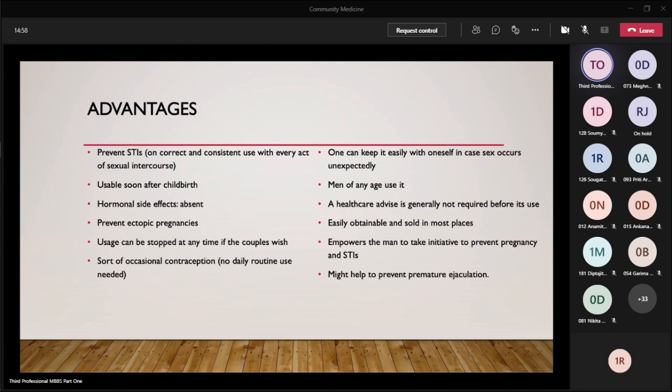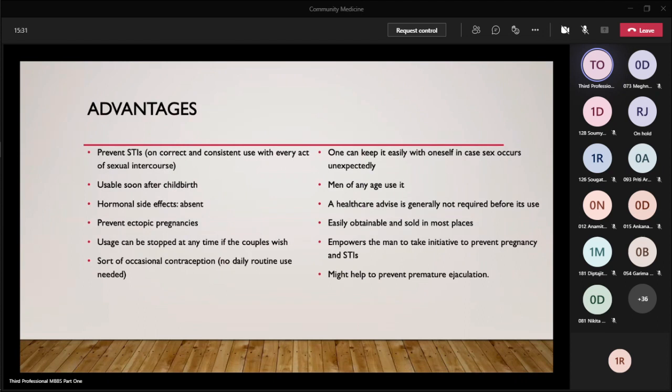If they are planning to conceive, they can stop anytime. It's a sort of occasional contraception, no routine is required. It can be kept easily with oneself in case sexual act happens unexpectedly. Men of any age can use it. Healthcare advice is generally not required before it's used, so it's something anyone can use as required.